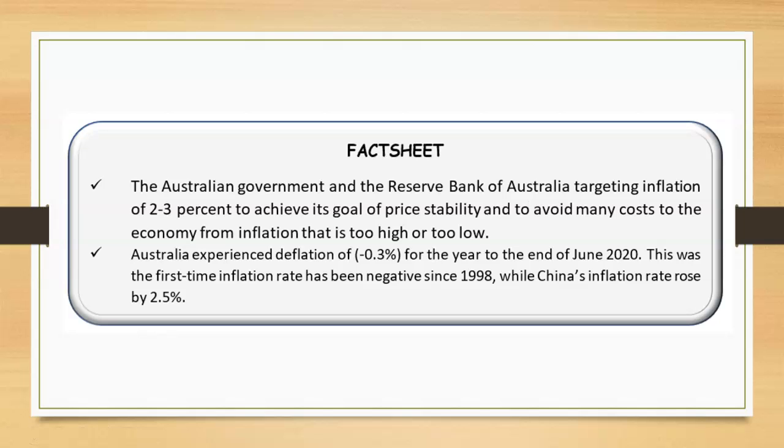In Australia, the Australian government and the RBA are two separate entities. These two bodies have a targeted inflation rate that they want to achieve, and it is the same, 2 to 3% over a business cycle. So in that sense, what it means is we want the price to increase at a stable rate.